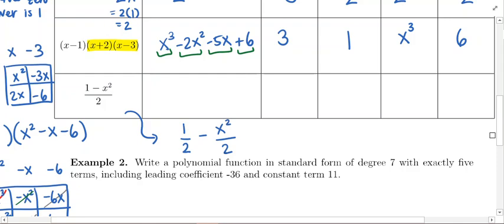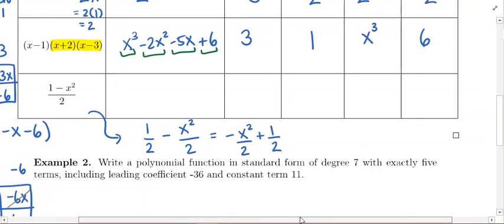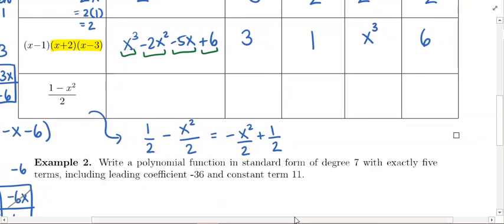Okay, so it's kind of starting to look like a polynomial. I'm going to rearrange it so that the x term comes first. So this negative goes with the x. So we've got negative x squared over 2, and then this is a positive 1/2. Now we've got descending powers of x. And then the last thing I'm going to do to really make this look like a polynomial, on this first term, you're dividing by negative 2.